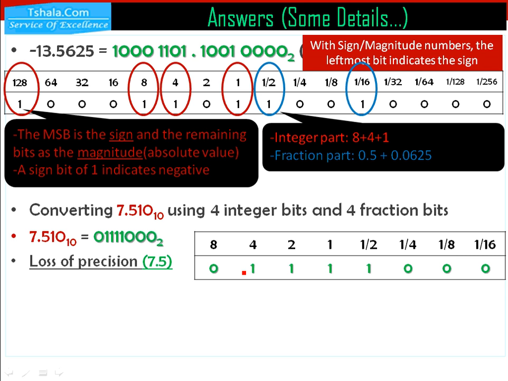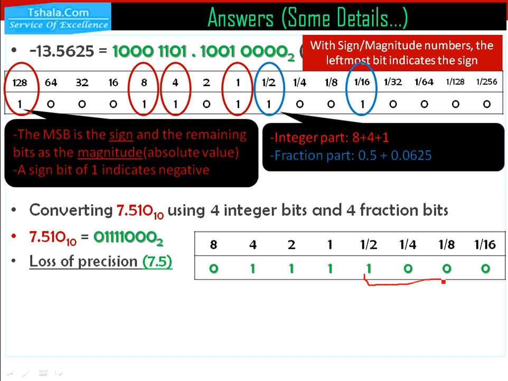What do we need to make up the 7? We need 4, 2, and 1. That should give us the 7, which is the integer part. For the fraction part, we need to come up with 0.5. The corresponding values we have for the fraction bits are here.